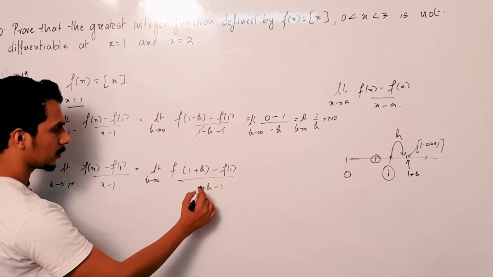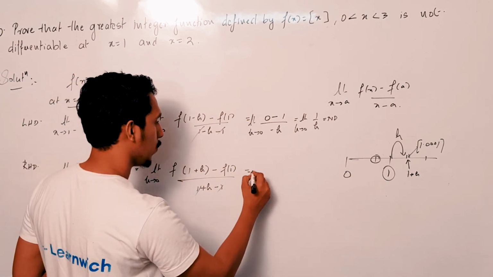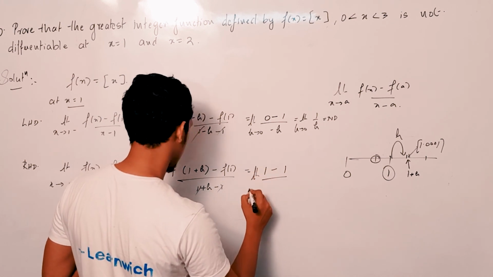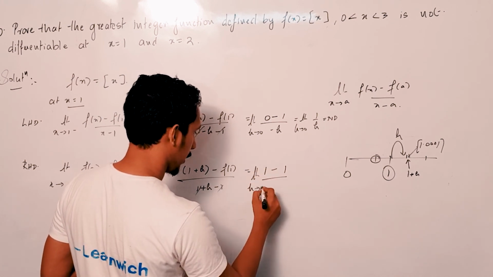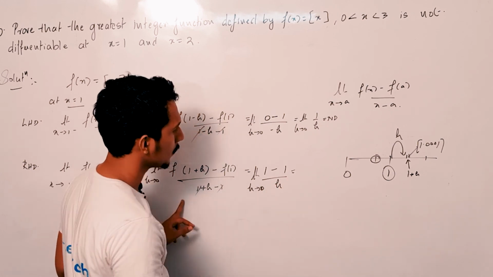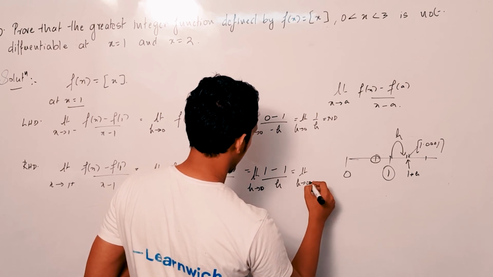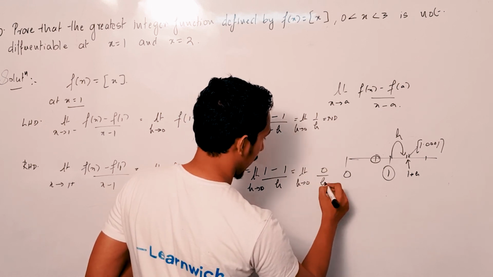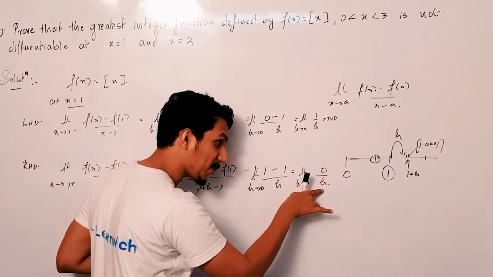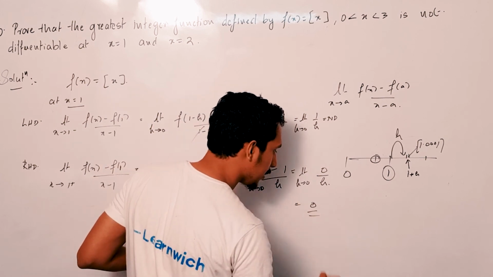So the 1 and 1 cancel, and f of 1 plus h will be 1 itself, f of 1 is 1 itself, so the numerator is 0, divided by h. That is limit h tends to 0, 0 by h. This is not 0 by 0, this is 0 by h. H is very close to 0, so you don't consider it as not defined. The answer will be 0.